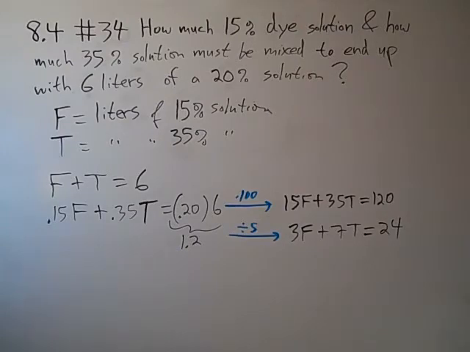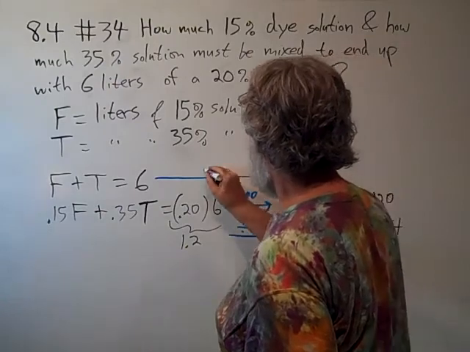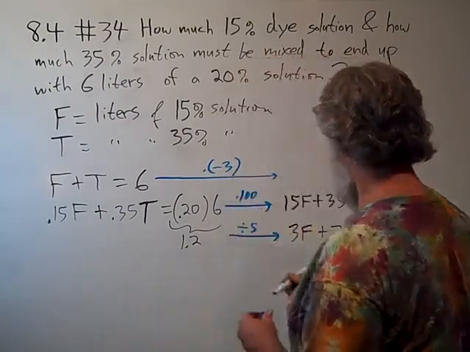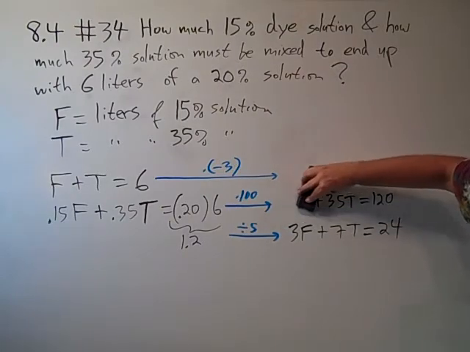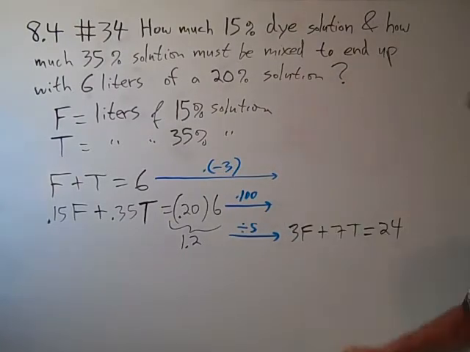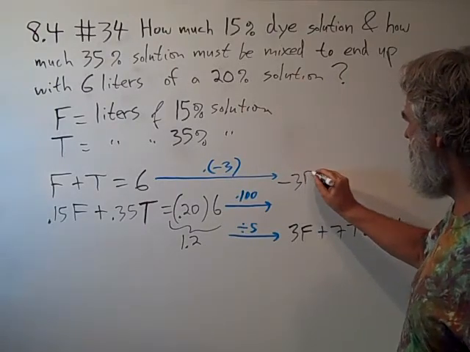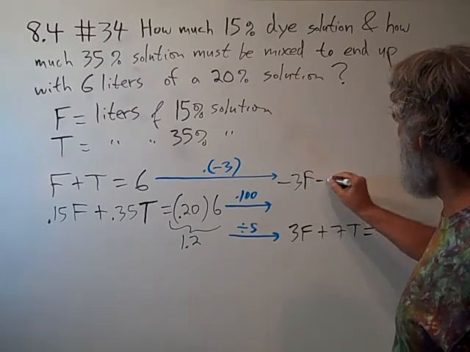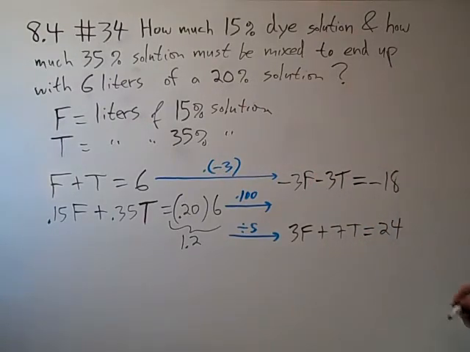So if I multiply the first equation times -3, we can eliminate then the 3F. We don't need this equation anymore. So what we end up with is -3F, -3T is equal to -18.